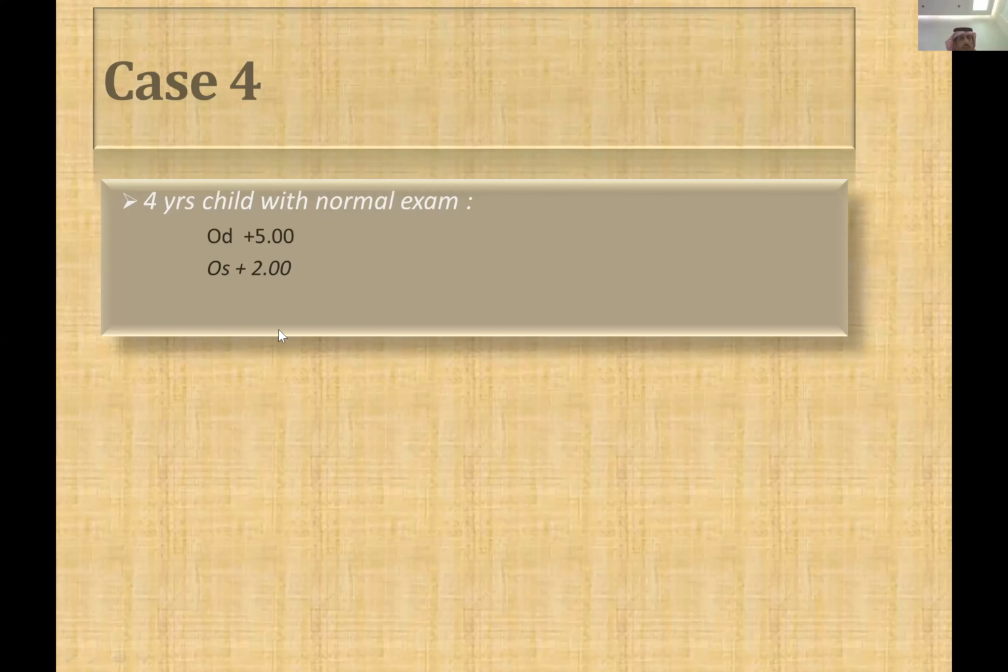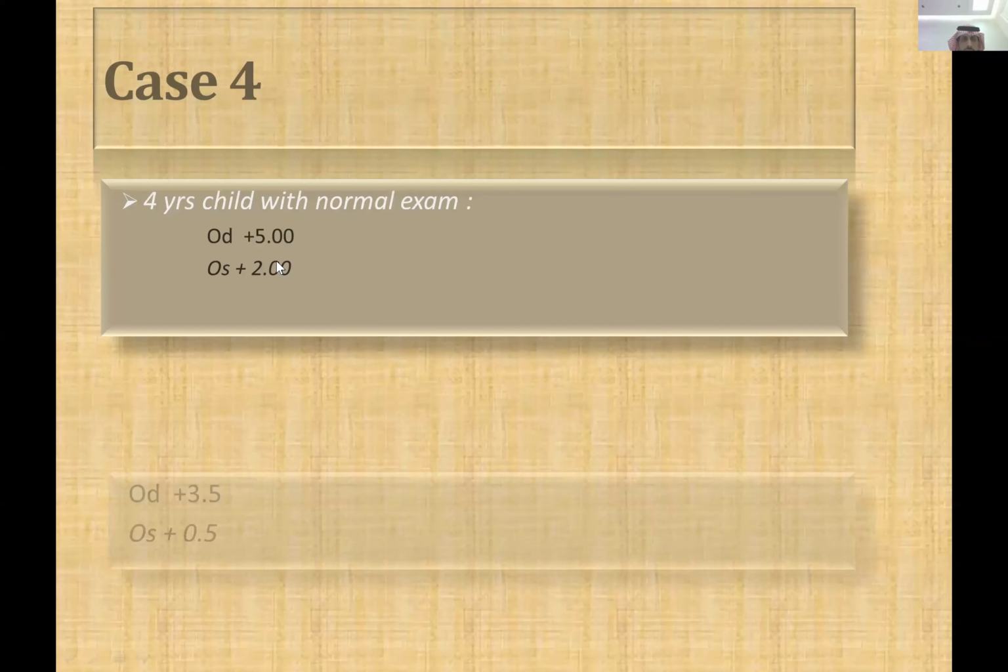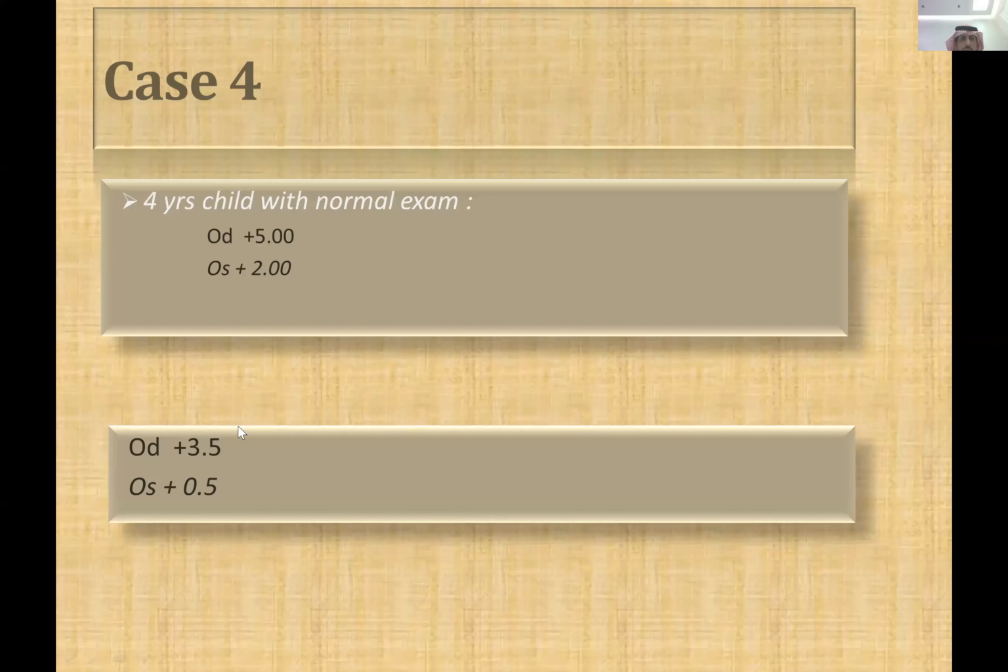And then also you can observe the child for example 6 weeks, and then if he does not improve, you should give full correction. But the point here is to give full correction in the right eye and to keep the anisometropic difference. Okay, so either you give him under-correct either 3.5 or 4 diopter.